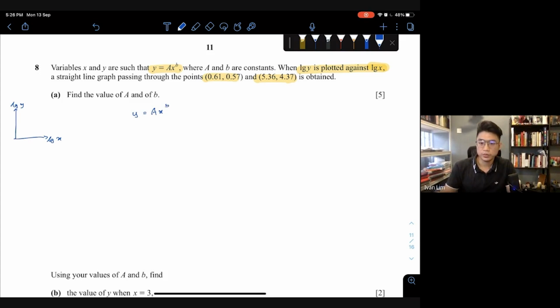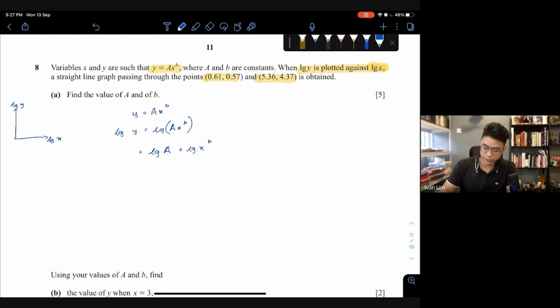We have power b, we want to bring out the b, and we want log y and log x to appear. So we take log on both sides of y equals a x to the power of b, which will give you log y equals log a plus log x to the power of b.